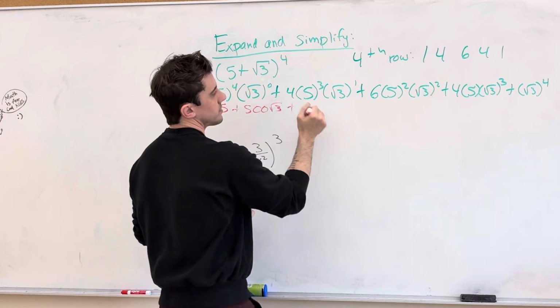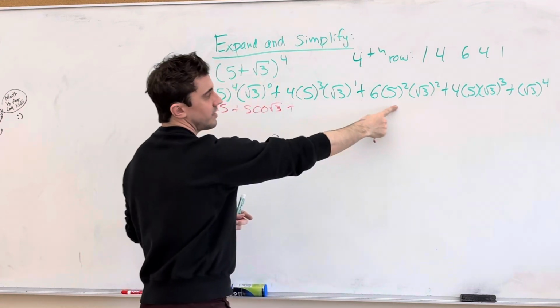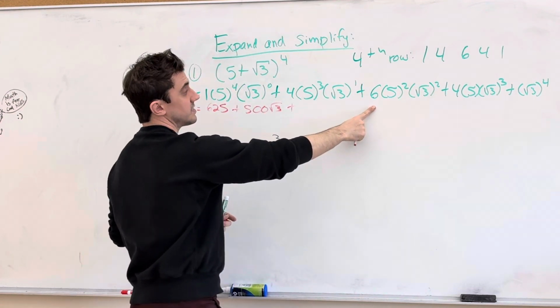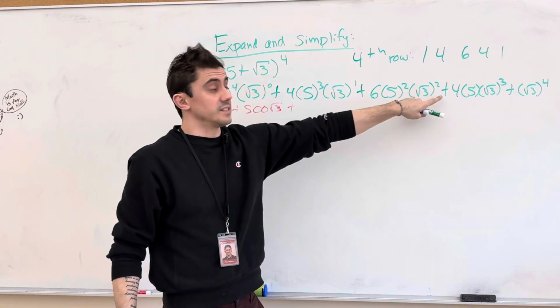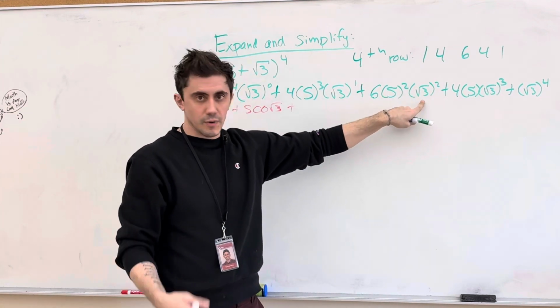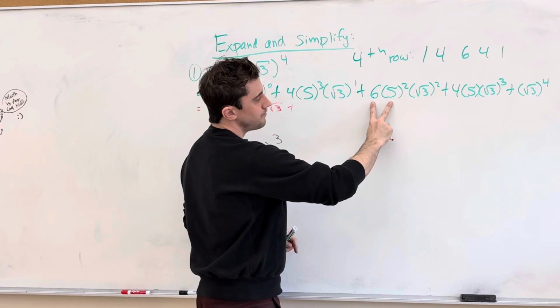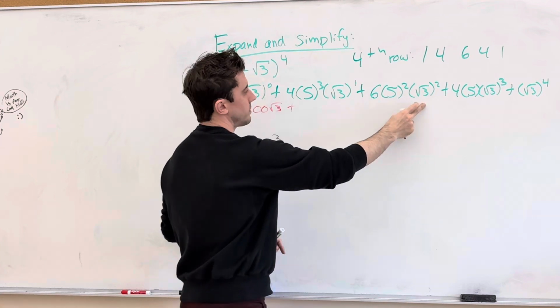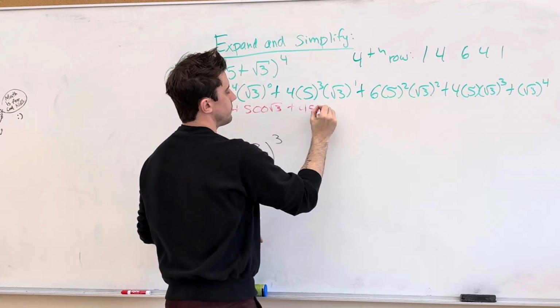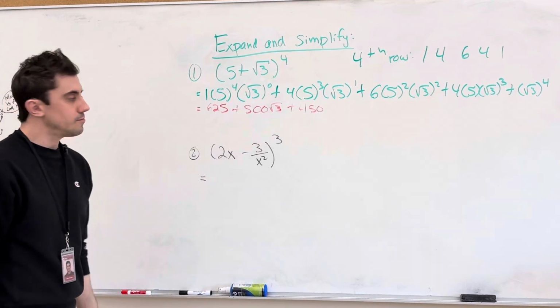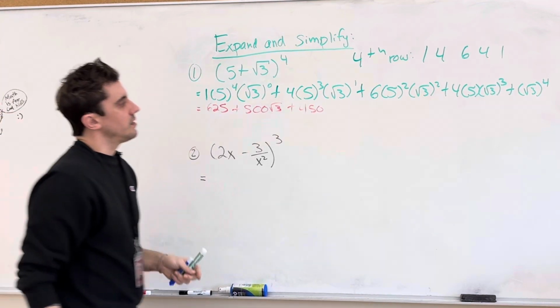Next, we'll keep going. So we have 6 times 5 squared is 25. 25 times 6 is 150, and root 3 squared is 3. And so we have 150 times 3 is 450. And we get a nice constant term, much like our first one.